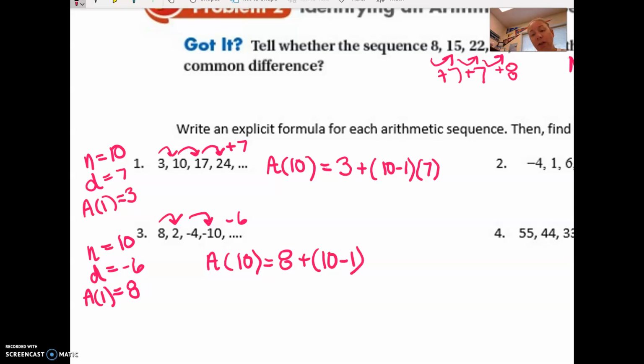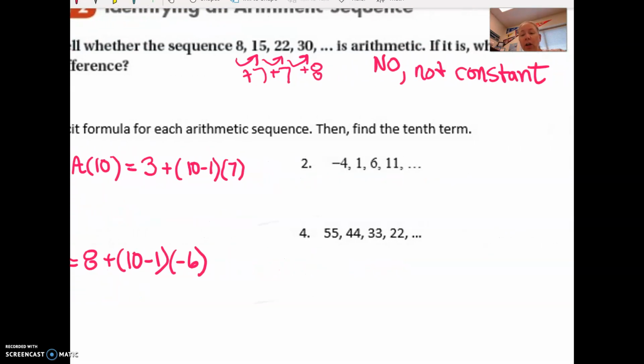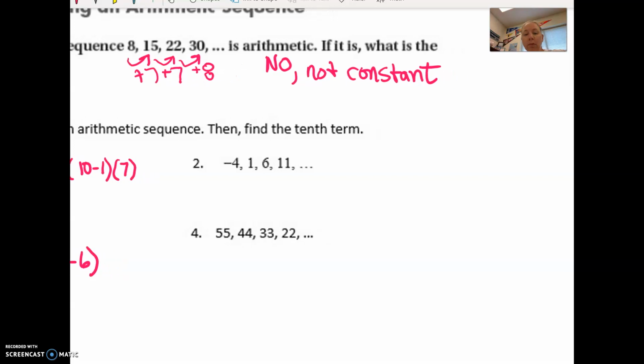If you want to just put 9 there, because for our purposes it's always going to be that. And then times -6 here. We would do the same thing over here: identify the common difference and the first number in the pattern, and then continue doing that for all 4 problems.